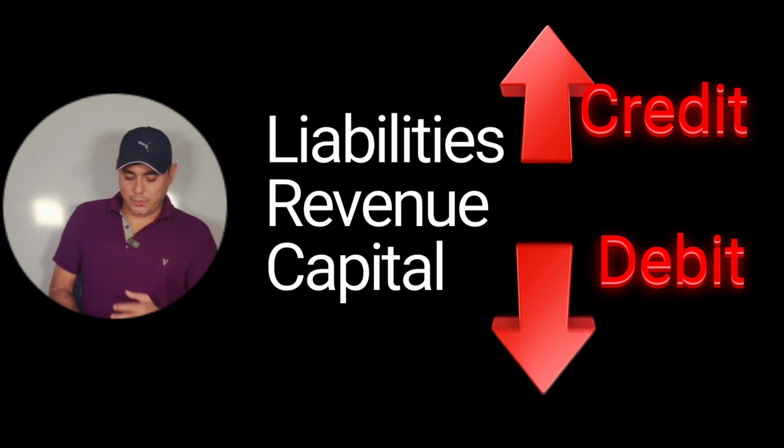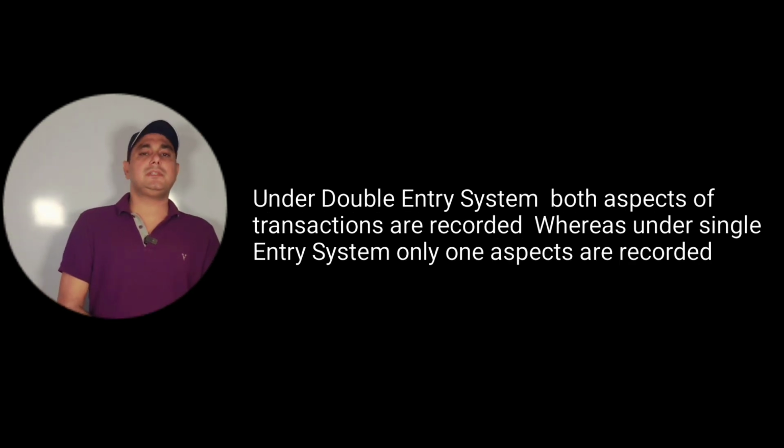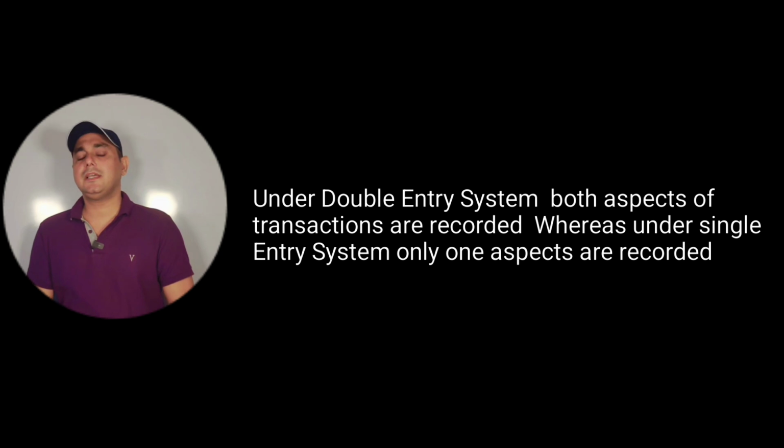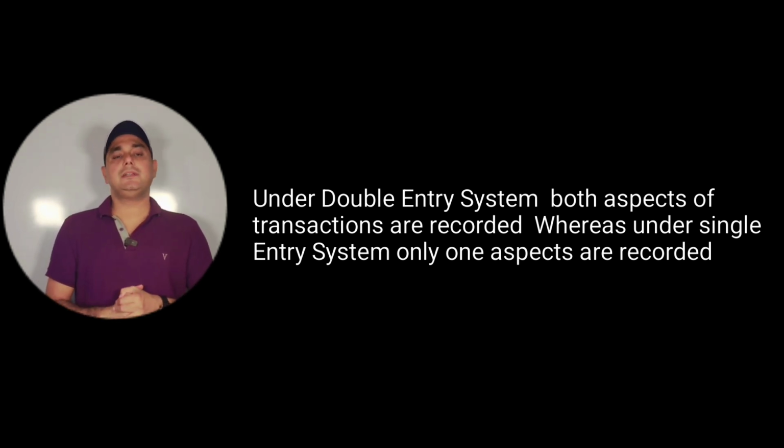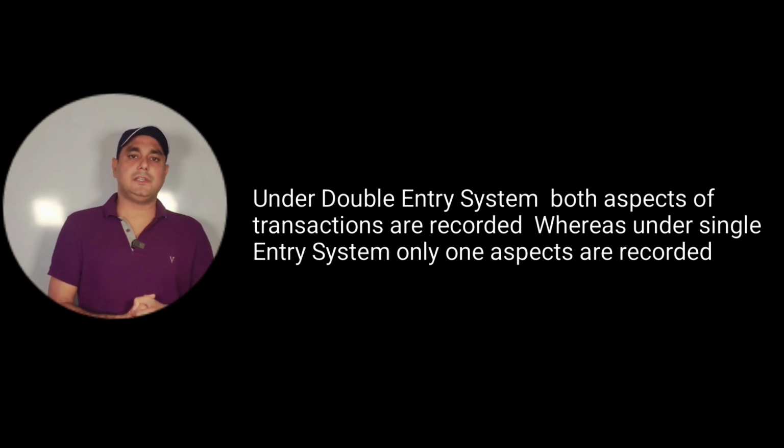Before going ahead, you need to understand the double entry system also, because there are two techniques of recording business transactions. One is single entry, another is double entry, and the entire world follows the double entry system of accounting, in which we record both the aspects of transactions.